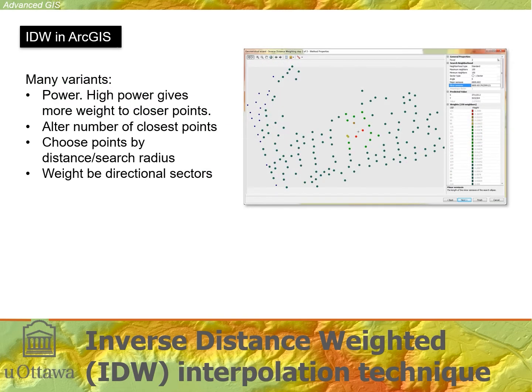In ArcGIS, we have many variants for inverse distance, many options that you can change. So you can increase or decrease the power or optimize the power. Optimizing the power will interpolate a number of surfaces through cross-validation. And we'll talk about what cross-validation is.